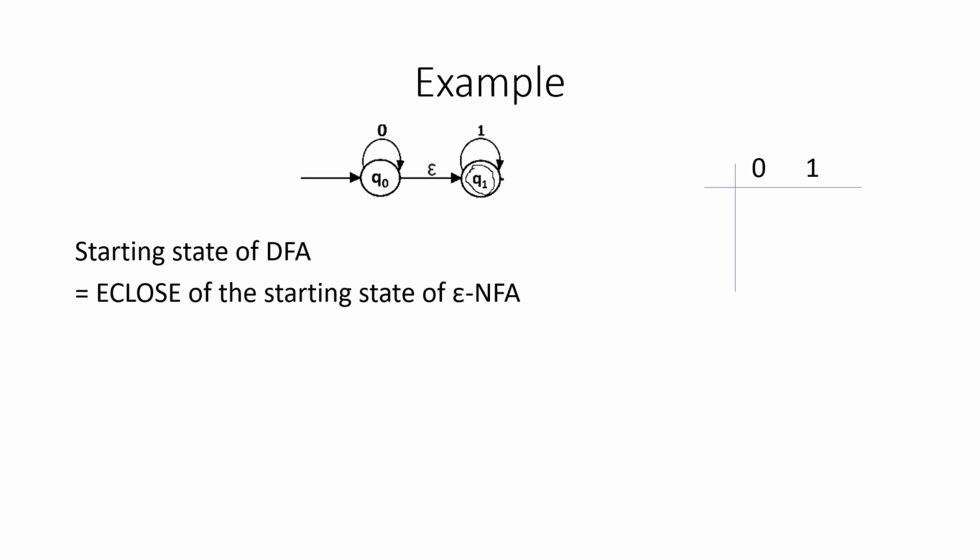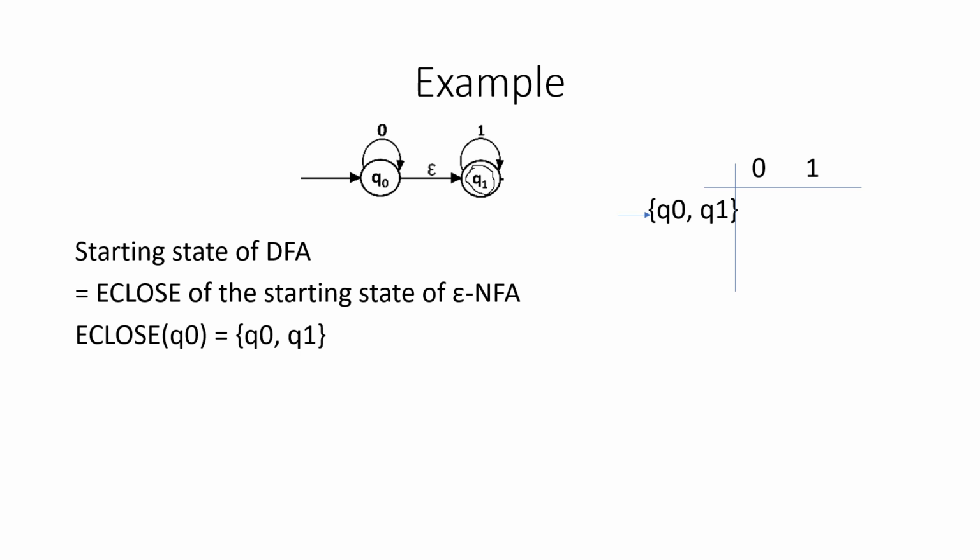DFA. So here in our example, I have indicated the accepting state by double circle, so consider this as a circle. In our example, Q0 is the starting state and Q1 is the accepting state. So we have to find E-close of Q0. What is E-close of Q0 here? You have to find all transitions on epsilon.